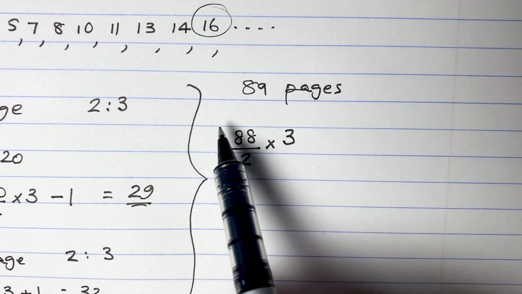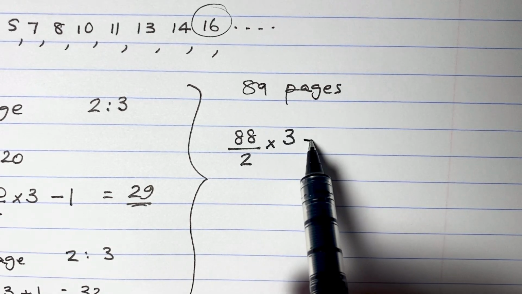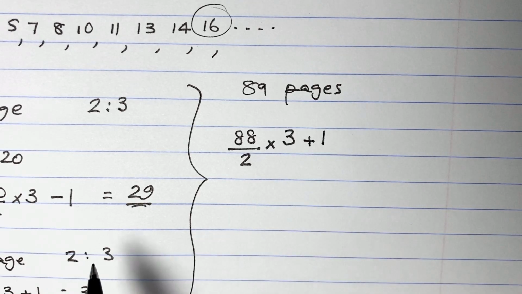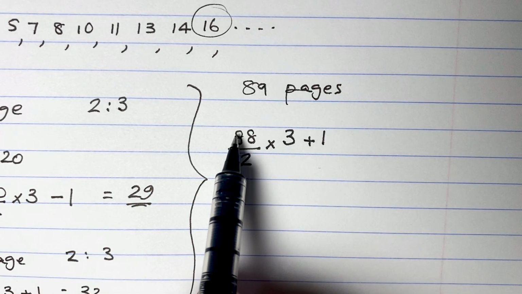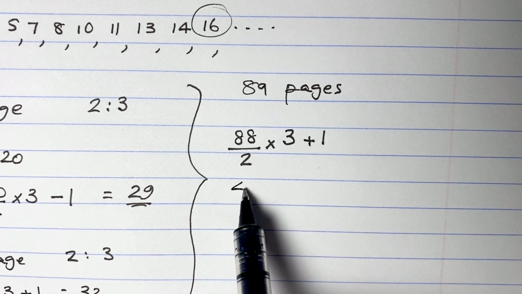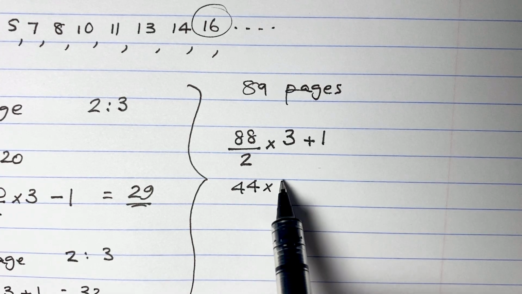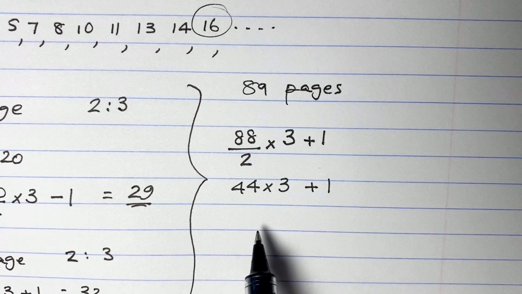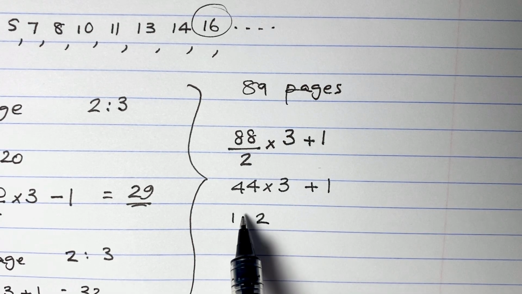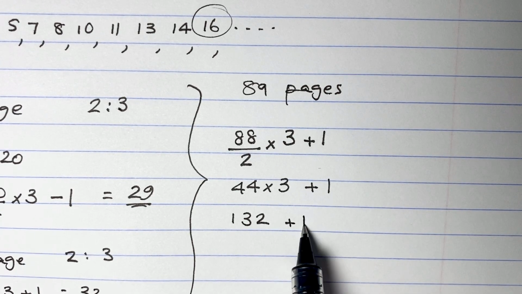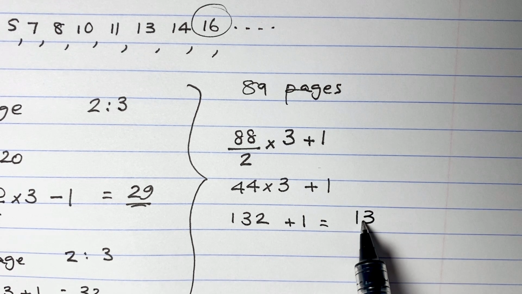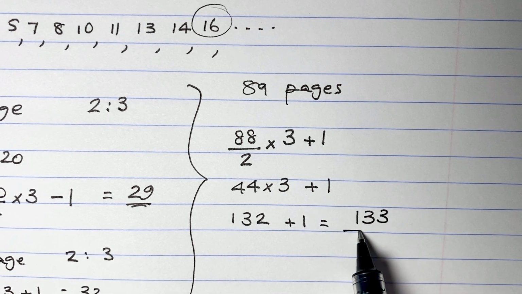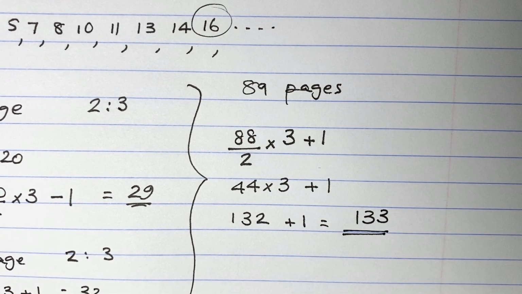Since I went to the previous number, I have to add 1 to this. So let's work it out. 88 divided by 2, that's 44. Times 3, add 1. 44 times 3 is 132. Add 1. So page number 89 will be marked as 133.